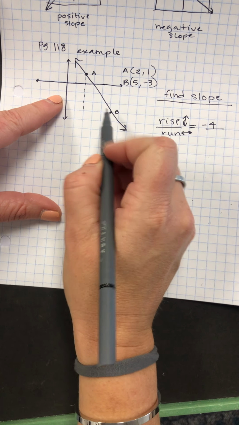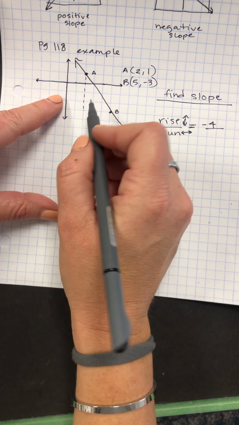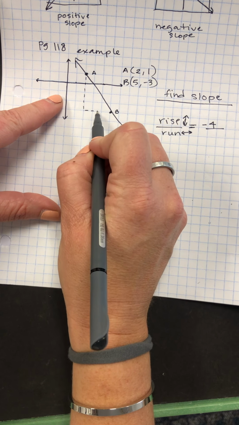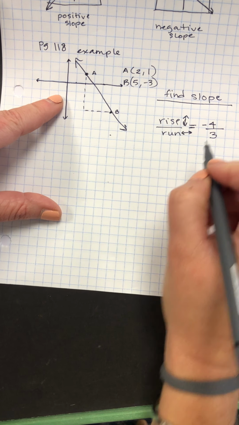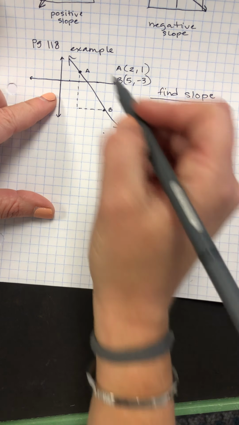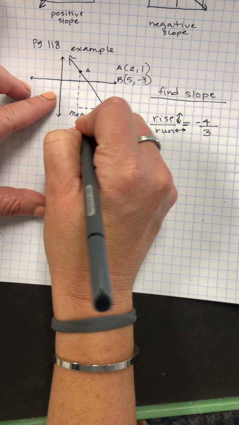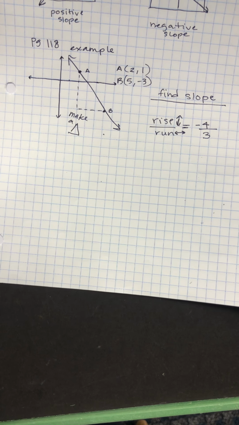And then to get to point B, now I'm doing my run, my change going side to side. I have to go over 1, 2, 3. It's positive. So you're always going to make a triangle to find the slope. That dotted line is your triangle.